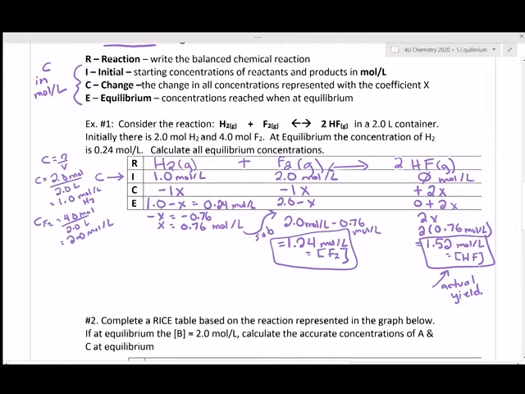So theoretically, we should have got 2 moles per liter, but we only got 1.52. And if you take 1.52 divided by 2, that would be a 76% reaction. So the percent yield is 76%, which does tell us we're product favored, but not 100%.